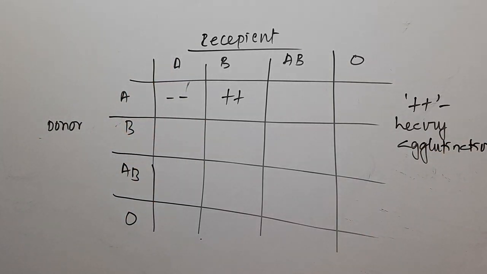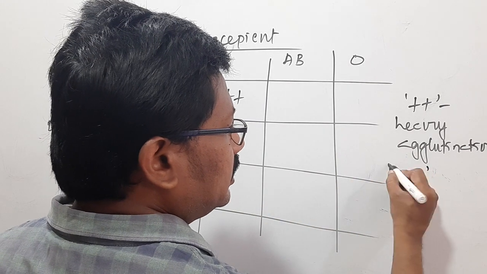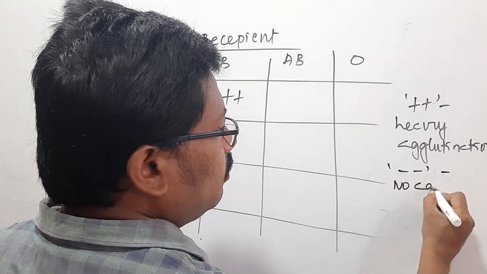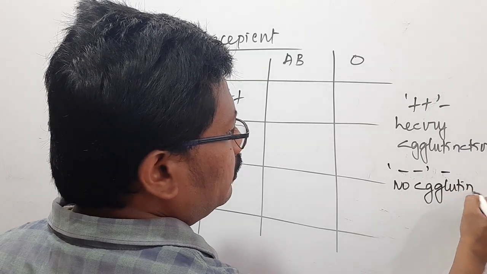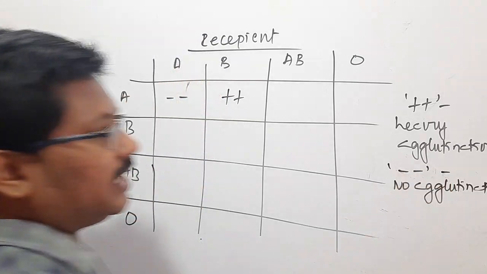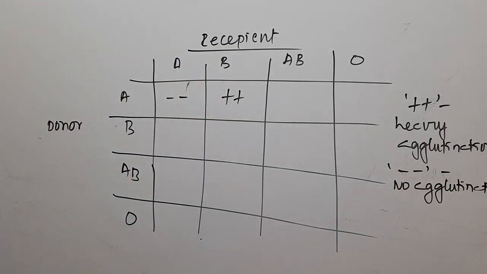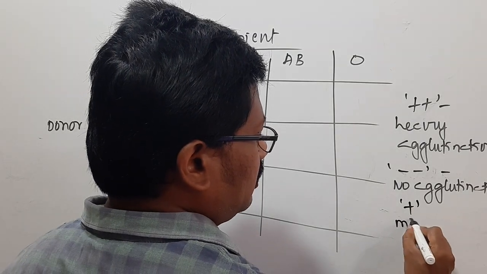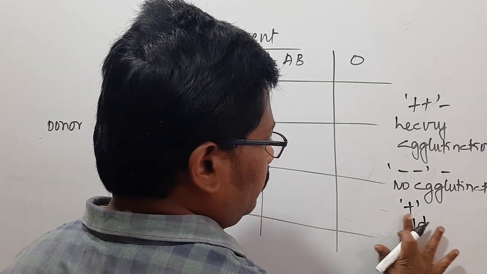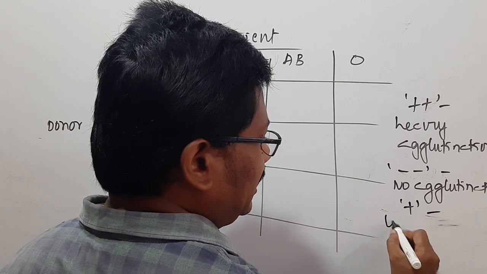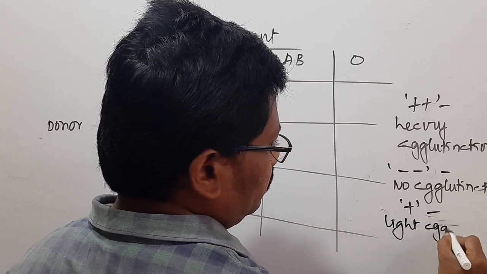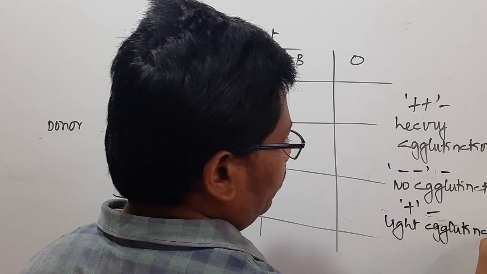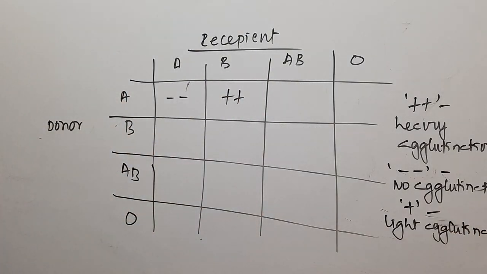The minus indicates no agglutination, so completely safe. And just one plus is okay, I'll say it's a light agglutination.